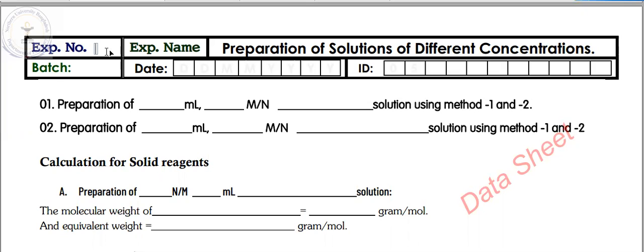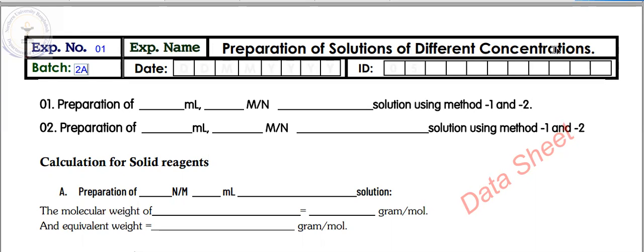From the laboratory notebook, you have to pick up the experiment number. This is experiment number 1. You have to write down 01 after the experiment number. And you may be in section 2A or 2B. Therefore, you have to write your section, 2A or 2B, in this portion.